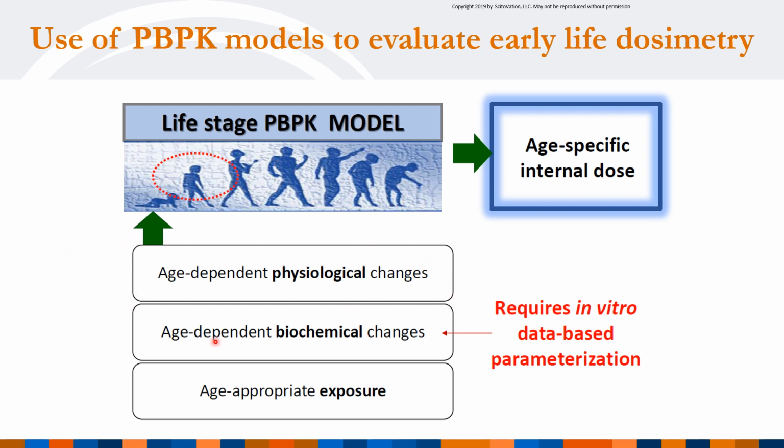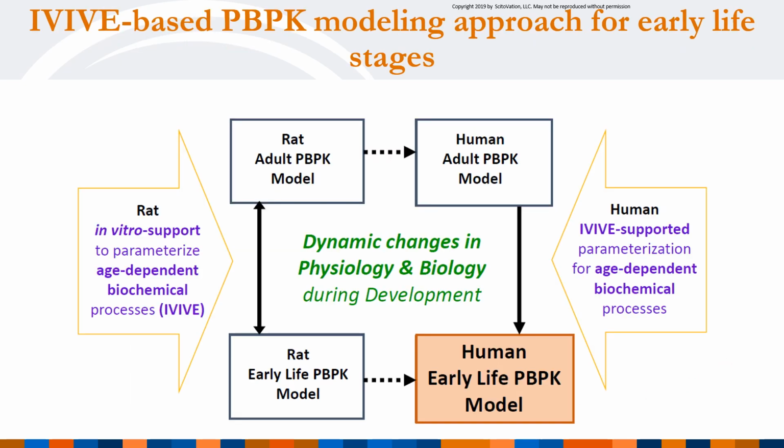We also need age-dependent biochemical changes, and we need an age-appropriate exposure. These physiological parameters have been defined pretty well in the literature. But for the age-dependent biochemical changes, it all depends on the chemical of interest, and most of the time it requires in vitro data-based parameterization.